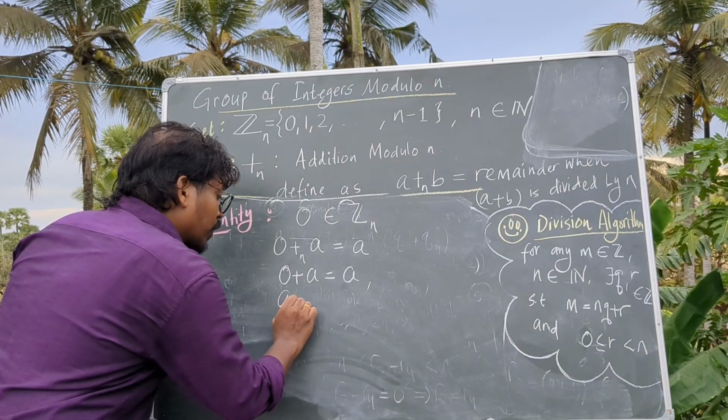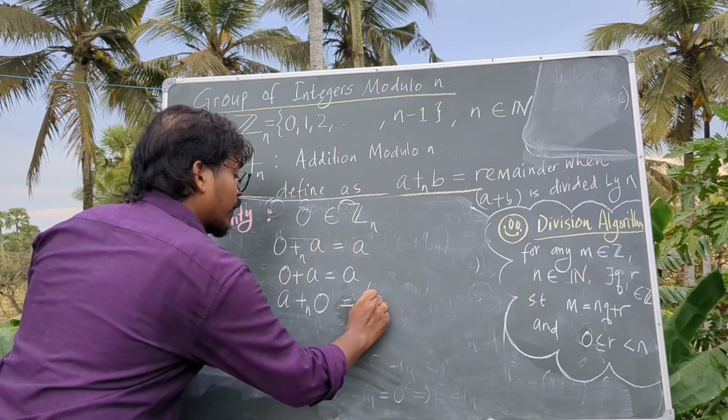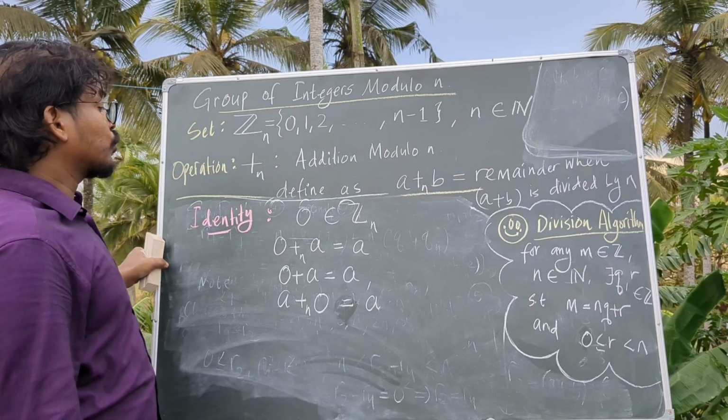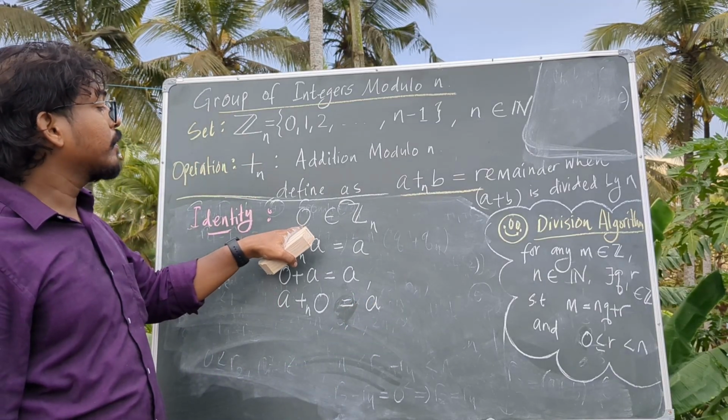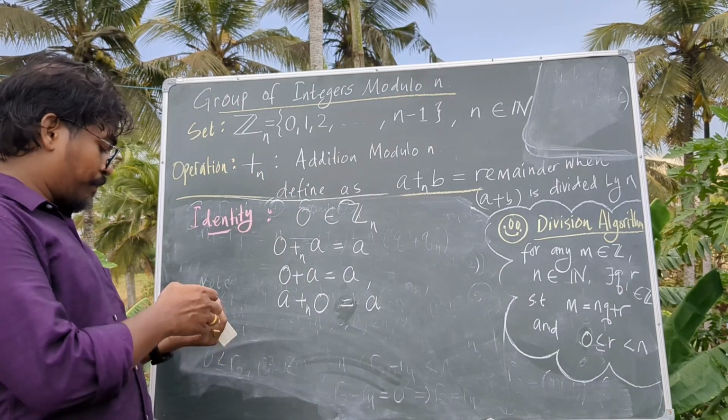And on the other side we also have A. So 0 will act as the identity of this set under the operation addition modulo n.